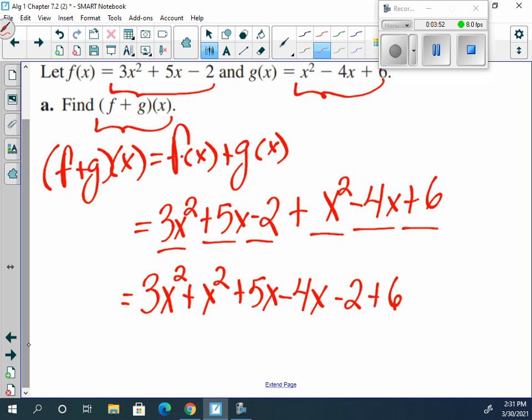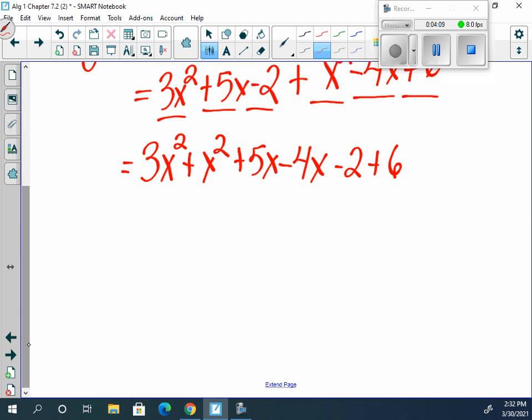And then the 5x and the negative 4x are the same because they're not squared. So if you're able to keep track of the numbers in your head, we don't have to write this step out. But it's sometimes good to write this step out so we can see what the like terms are and put them next to each other.